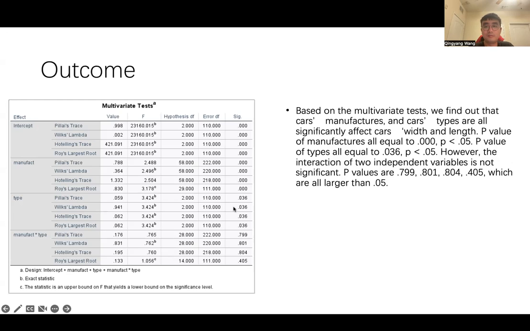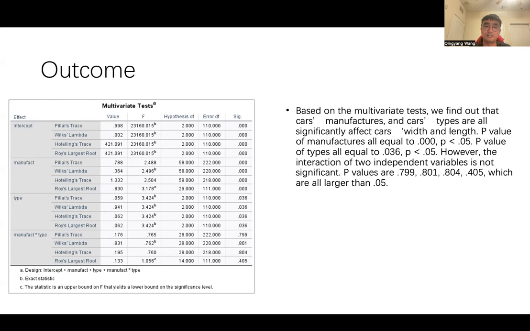Okay, so let's move on to the interaction of the two independent variables. Based on the p-values, we can see that they are 0.799, 0.801, 0.804, and 0.405. They are all much larger than 0.05, which means that the interactions are definitely not statistically significant.